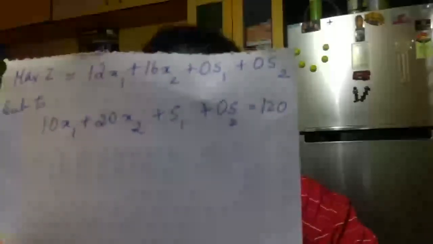Now the inequality became an equality. I have given the coefficient for S1 as 1, that's why it is 1s1. And for S2, I have given it as 0. And the inequality I have made an equality, is equal to 120.